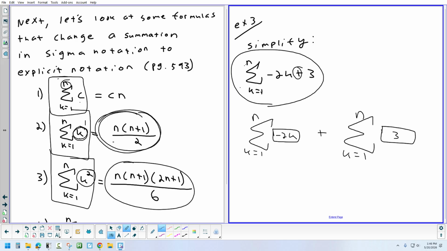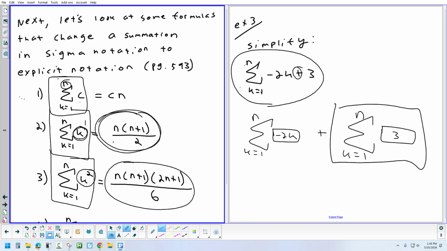Okay. Now we've got 2 sigmas, but they're each a little bit simpler than the first one. Does either one of these sigmas match something that's over here? Yeah. The second sigma matches the first one. Right. This right here is rule 1. You're adding up the number 3 n times.